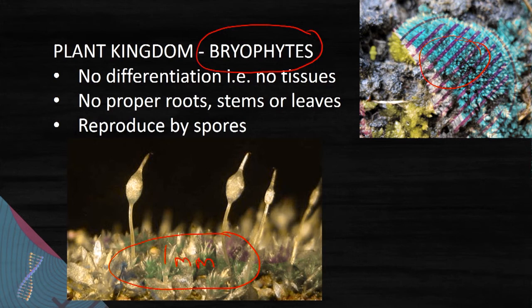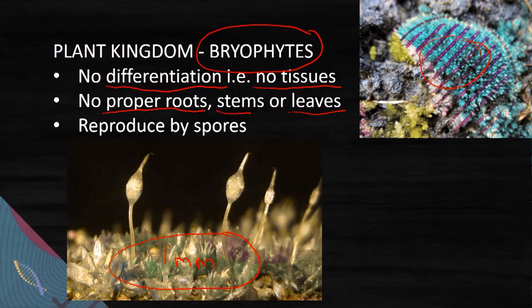So they are very, very tiny. What is important is that there is no differentiation. In other words, they don't have tissues. All the cells look basically the same. Because there are no tissues, they can't have proper roots, stems, or leaves.